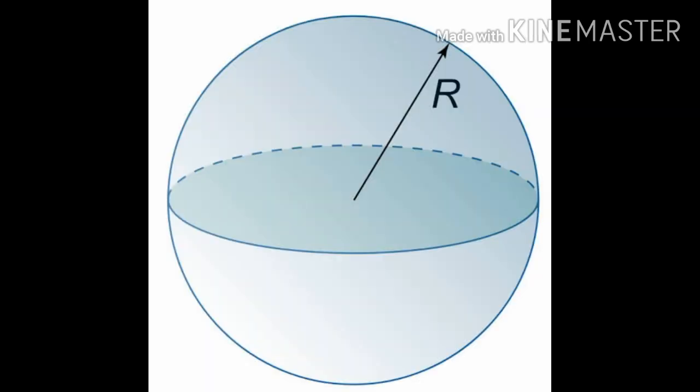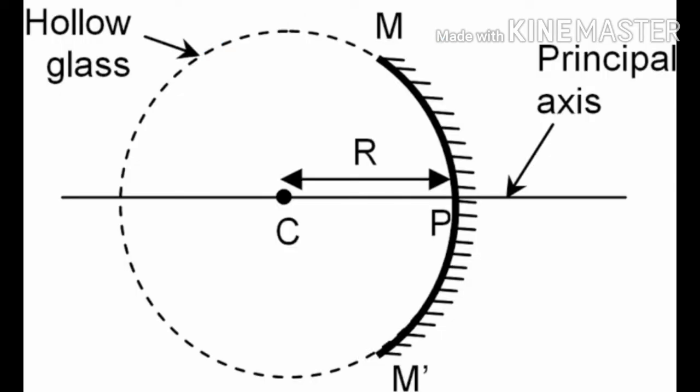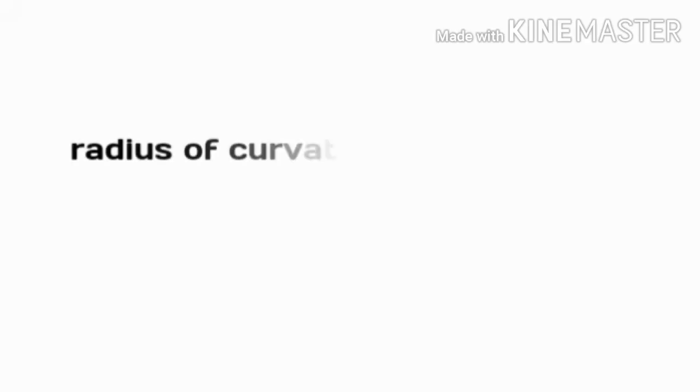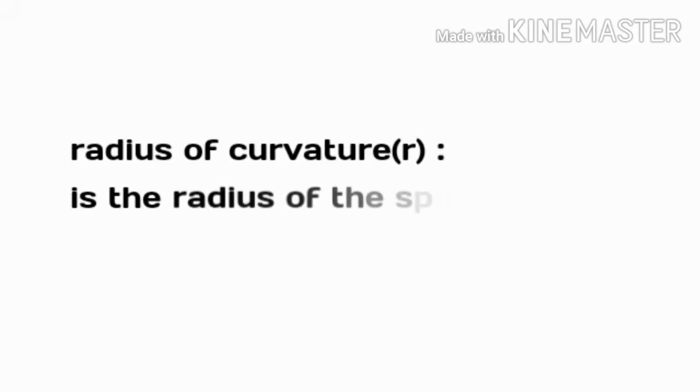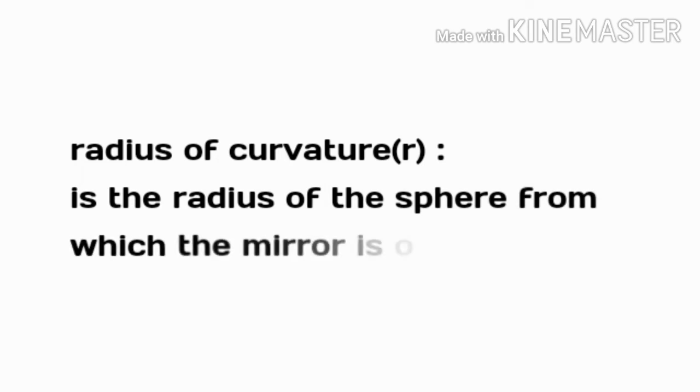The next term is radius of curvature. The notation used is letter R. Normally capital R is used, sometimes small r is also used. Radius of curvature means the radius of the sphere from which the spherical mirror is formed.